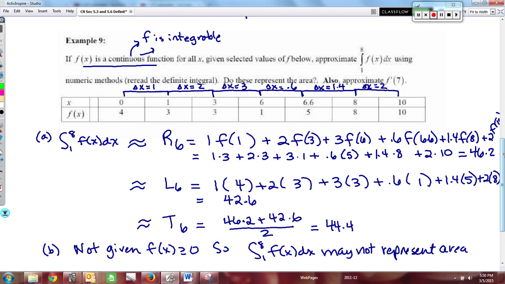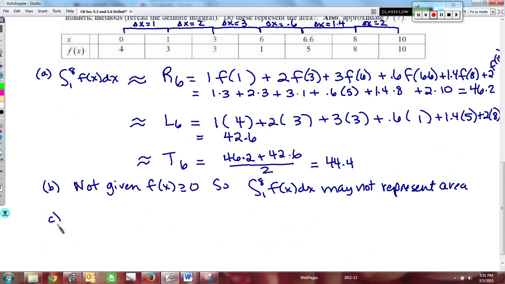All right, and then our last one, we want to approximate f prime of 7. Now you're like, wait a minute, they didn't give me 7. And I'm like, well, okay, that's fine. They didn't even give me equidistant ones. That's fine. Pick the points that would be closest to where 7 is and just do basically a symmetric-ish difference quotient.